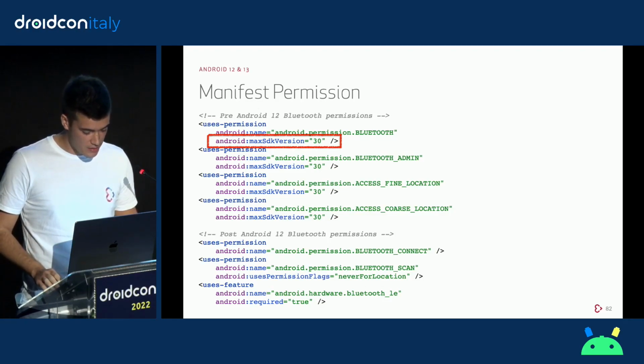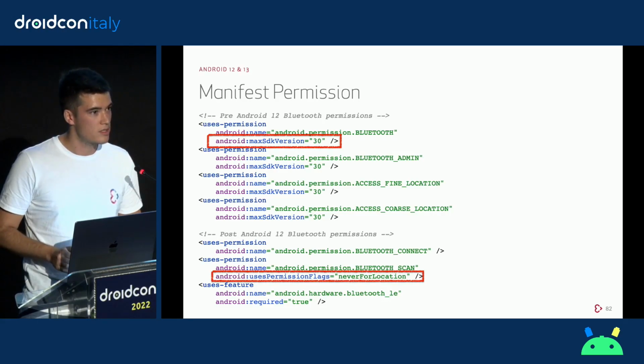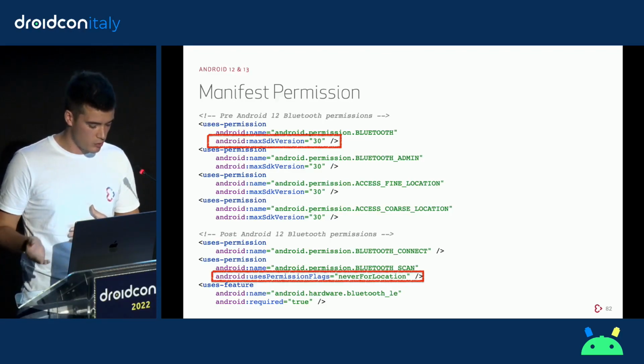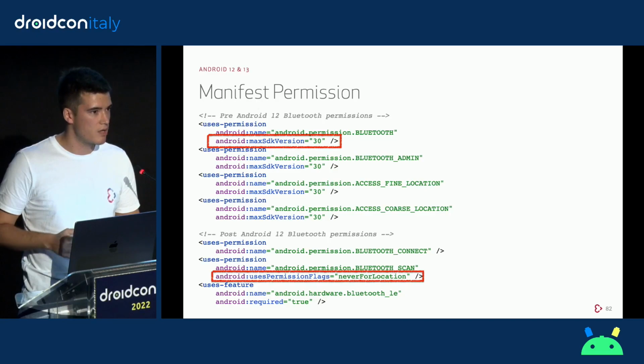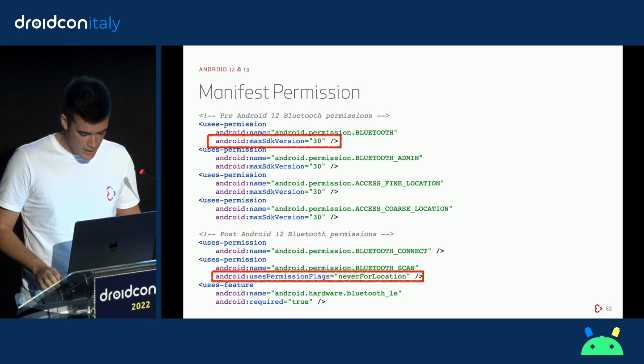And in our case, we did this assertion, saying that we are scanning without asking for location, because when you scan Bluetooth devices, you can gather location information in some way. By doing this assertion, you are safe, and you are telling that no, you're not doing it.